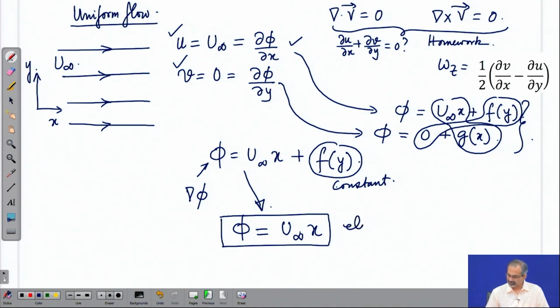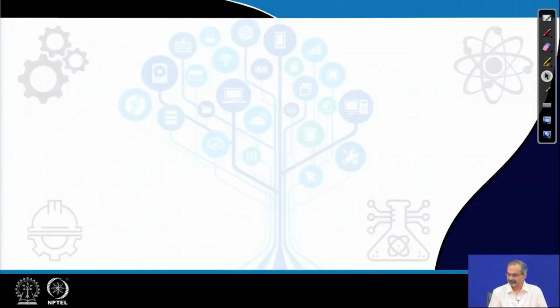That means, this is a possible elementary flow. In a similar manner, you can derive other elementary flows and superpose them and model complex irrotational incompressible flow fields with the approach that we discussed. Since we are running out of time, we will postpone the discussion on boundary layer to the next lecture.